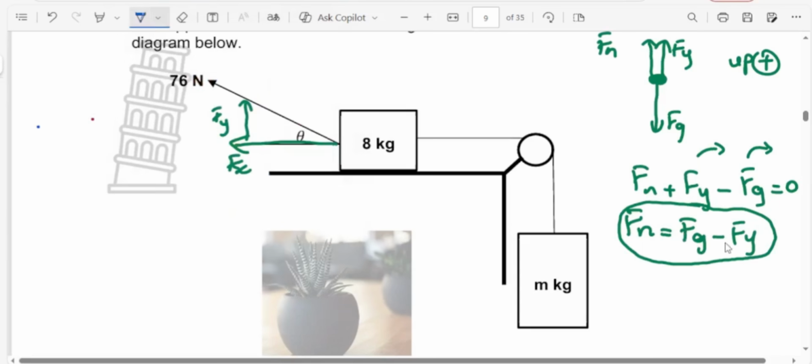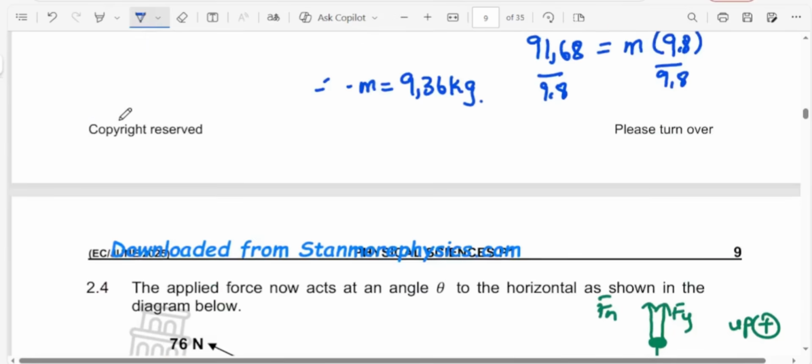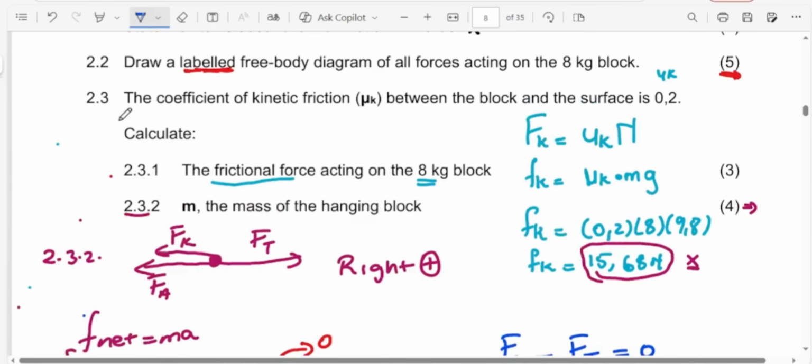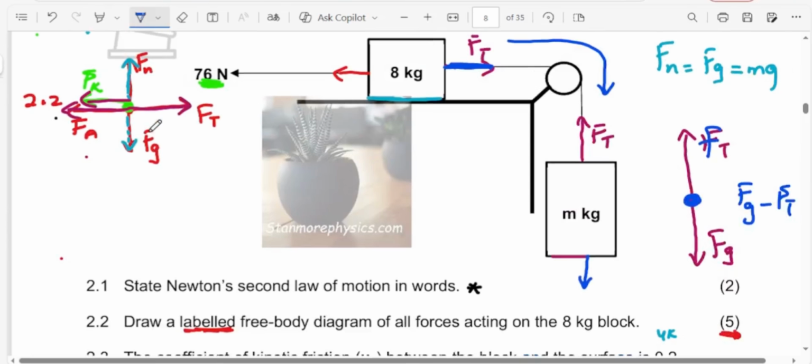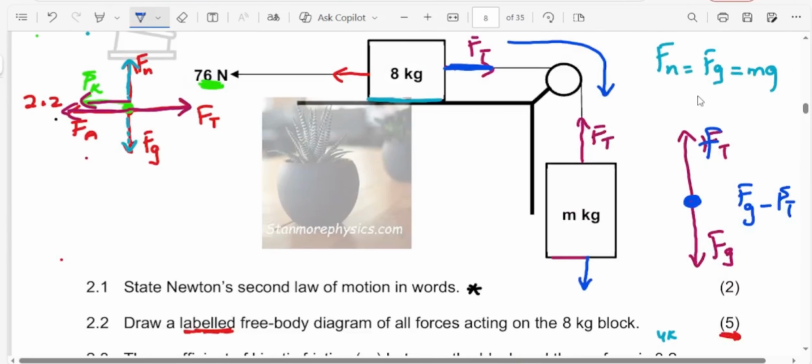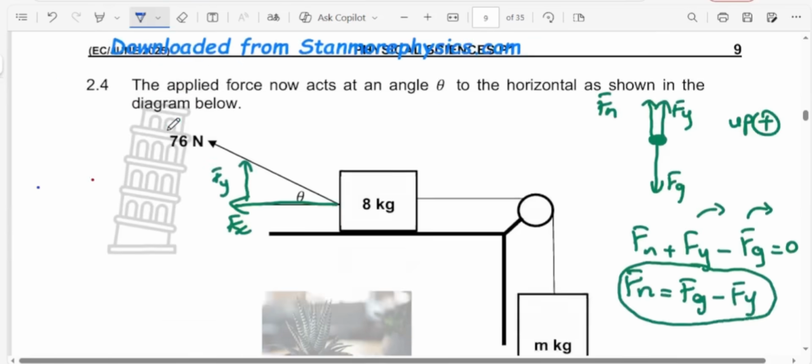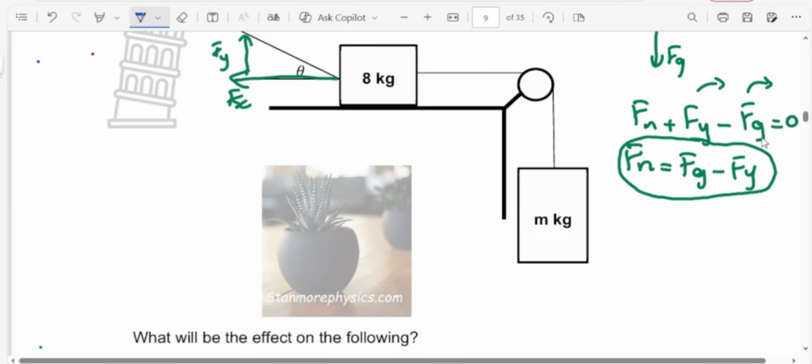So now, let's compare. Remember how we calculated the normal force first? We said that the normal force is equal to the weight if the force is applied horizontally to the surface. But now, if the force is applied at an angle, it's equal to the weight, then we subtract Fy.